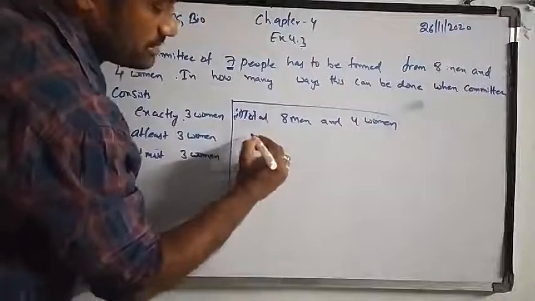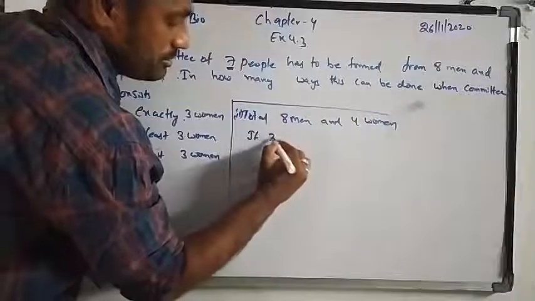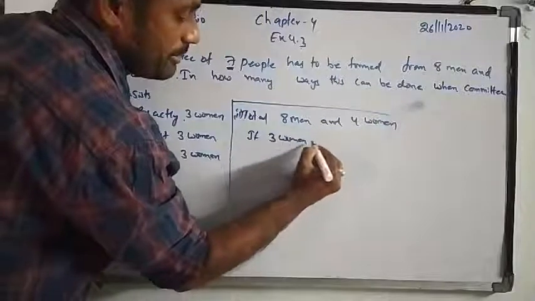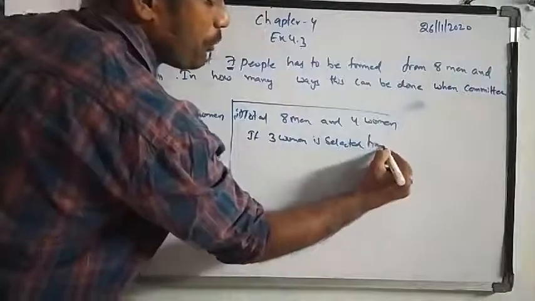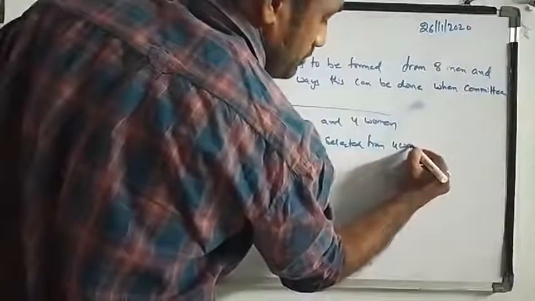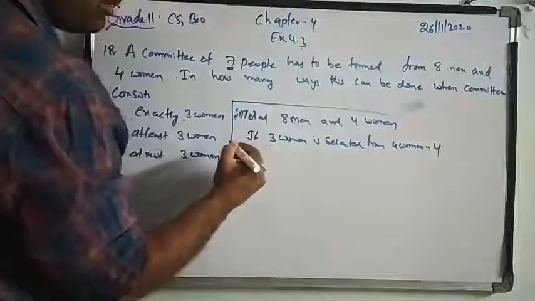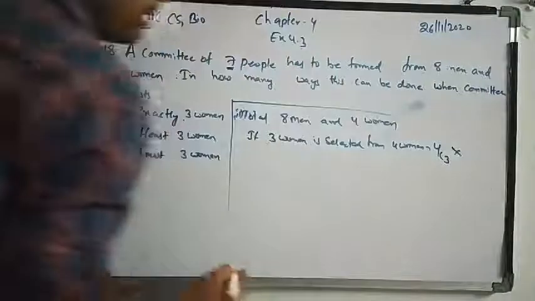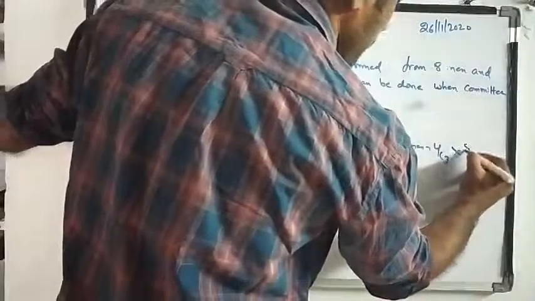So if I select at least 3 women, so if 3 women are selected from 4 women, it will be 4C3 ways into, so totally we have covered this, and the remaining will be 8 men.